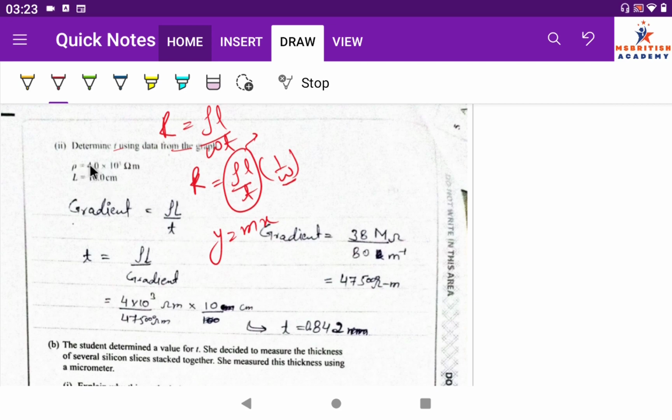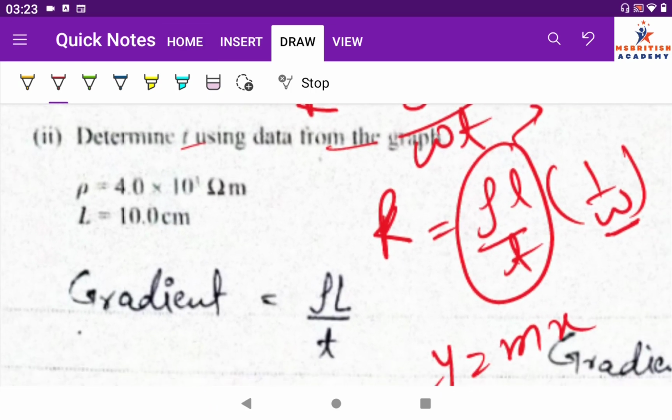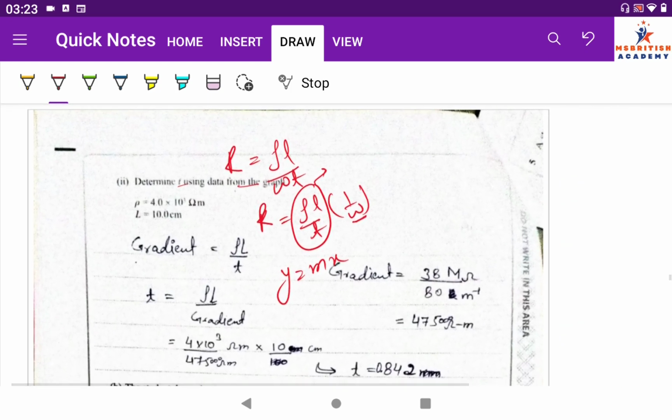Rho is given as 4.0 times 10 raised to 6, sorry.